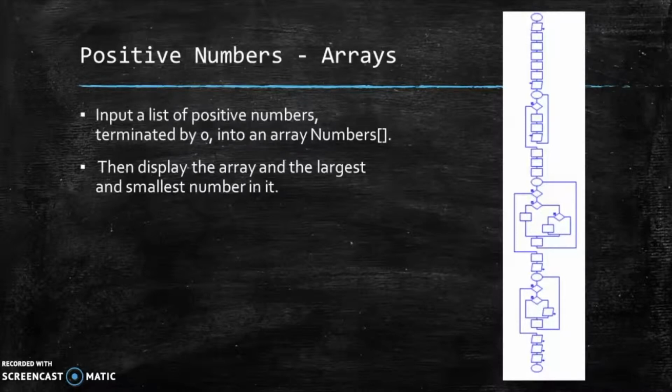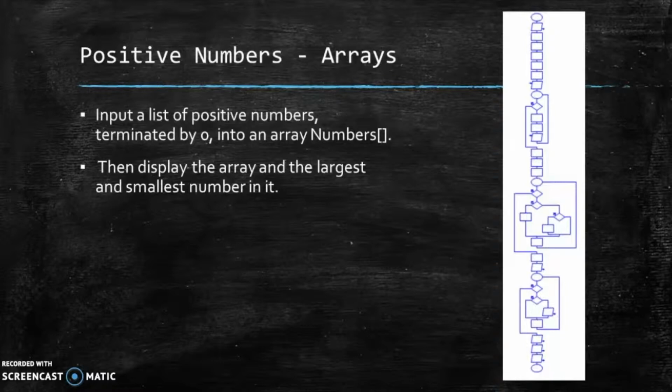A user is going to input a list of positive numbers terminated by 0 into the array of numbers. So I can theoretically put however many numbers I want into this array. Then I'm going to display the array, the numbers in the array, and the largest and smallest number in it.